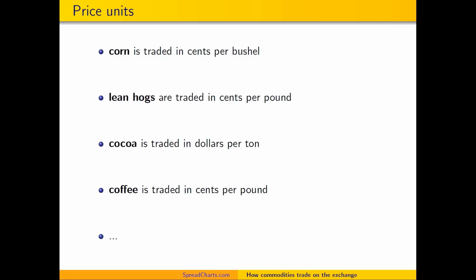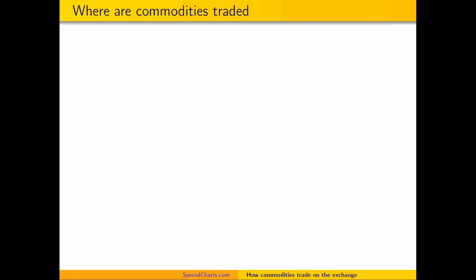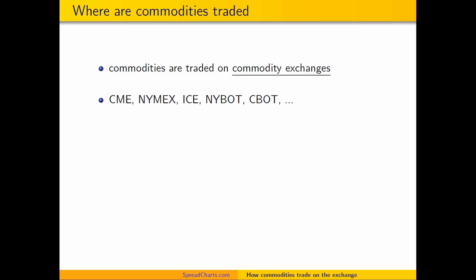Let's move on to the question, where are commodities traded? Commodities are traded on commodity exchanges. We have some examples here: CME, NYMEX, ICE, NYBOT, CBOT, but in fact, these are mainly historical venues.